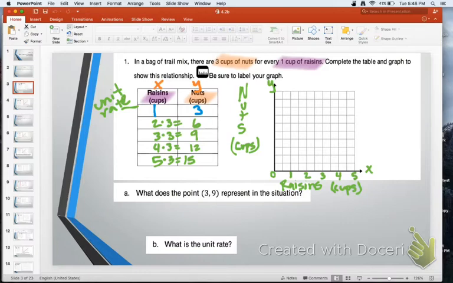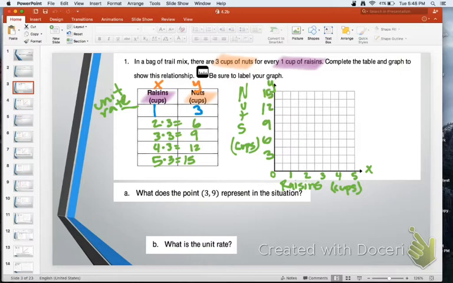And I see that my units on my nuts goes up by 3. So what I'm going to do is skip by 3 each time. 3, 6, 9, 12, and that 15 mark.